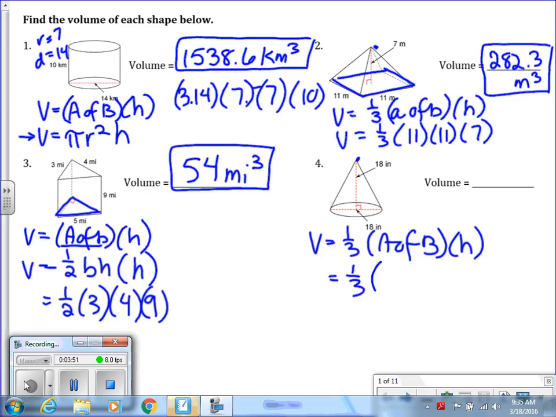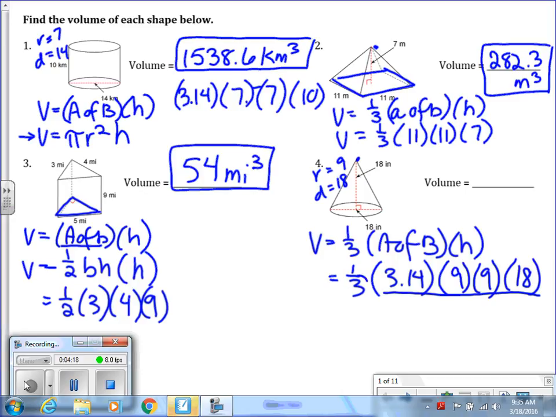The base is a circle, so it's 3.14, and r is 9 and d is 18. So it's 1/3, 3.14 times 9 times 9, because that's my 9 squared, but again, easier to write it out so when you type it in the calculator, you do it right. And then times 18 for the height of the cone. Multiplying all this in my calculator and then dividing by 3.